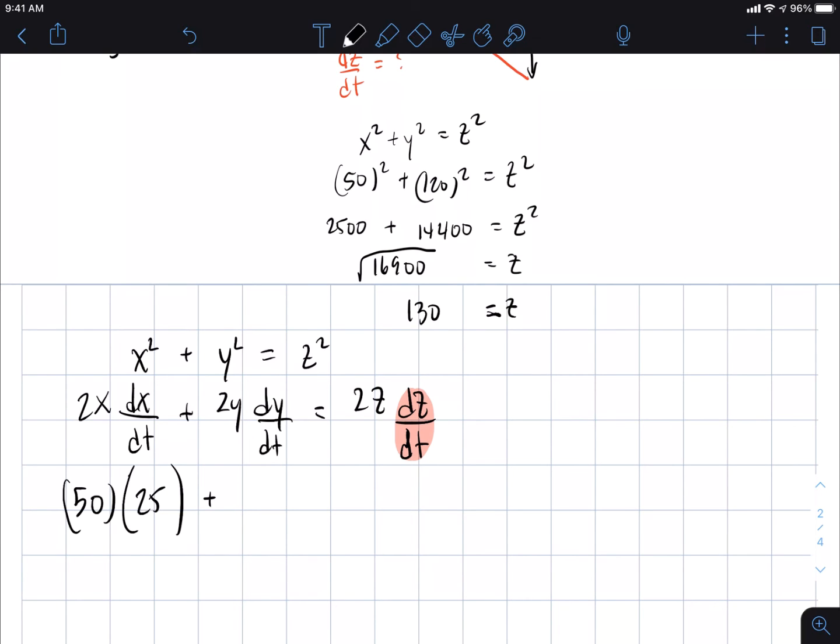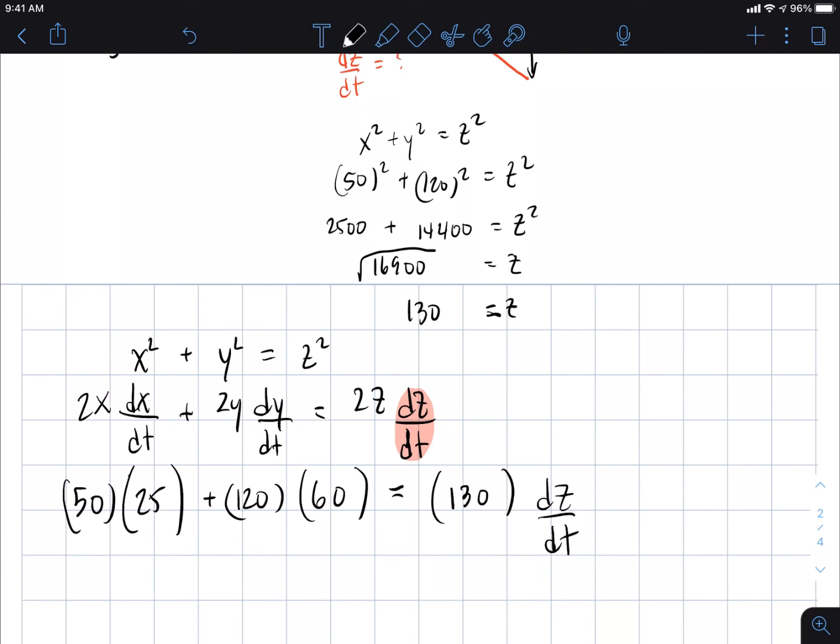The y distance after 2 hours, I believe, was 120, right? And the rate of change there was 60. What is our z? 130, and then what we're looking for, correct?